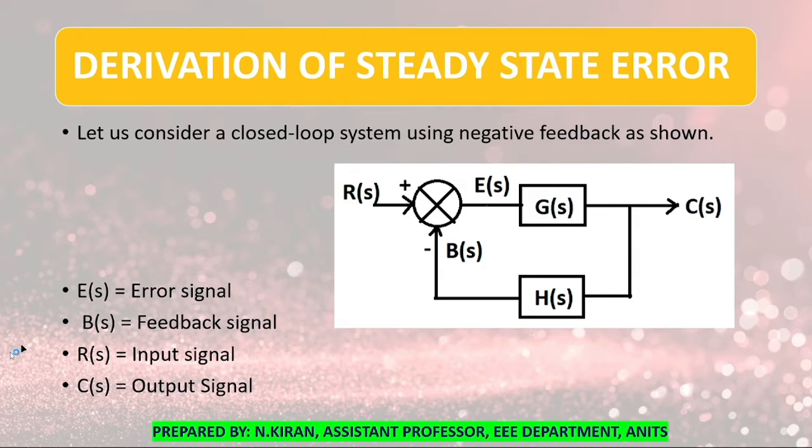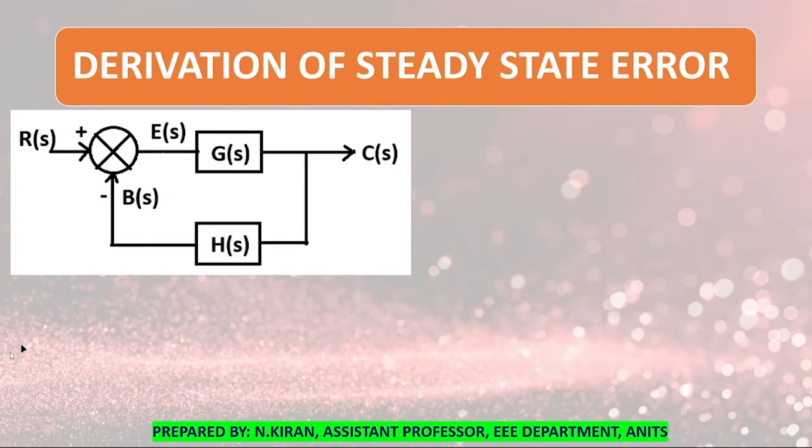So now we are going to derive the expression for steady state error. From the diagram we can write the expression of E(s) as R(s) minus B(s). So therefore E(s) is equal to R(s) minus B(s).